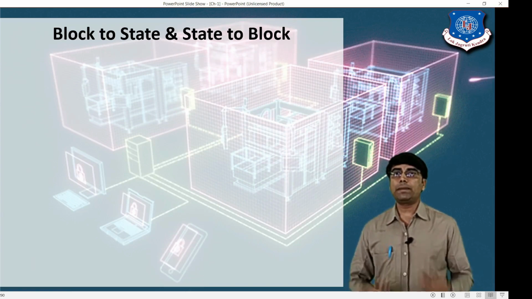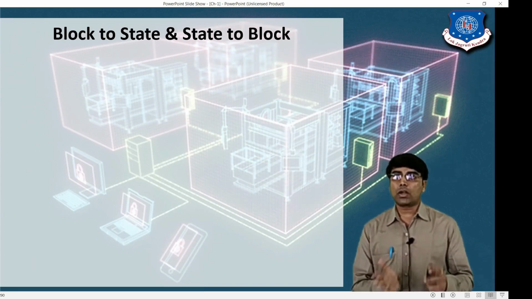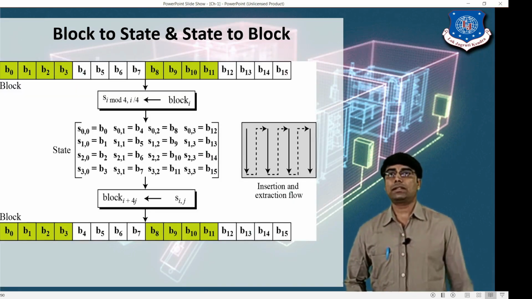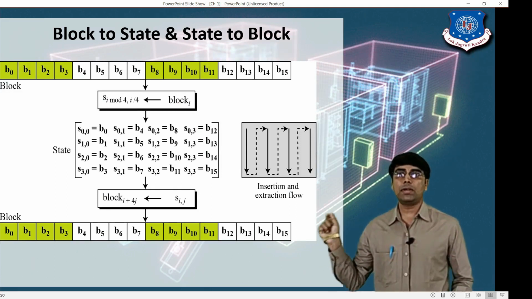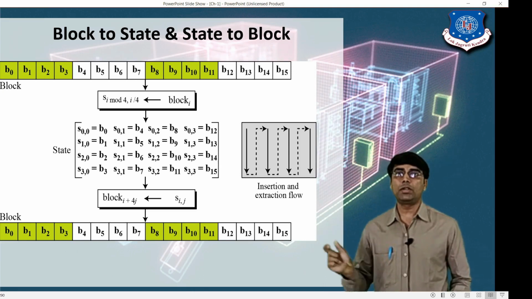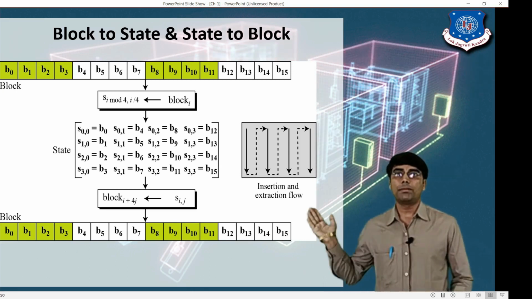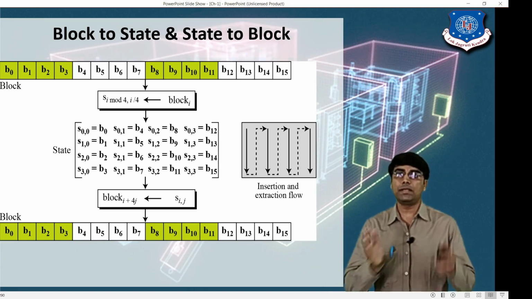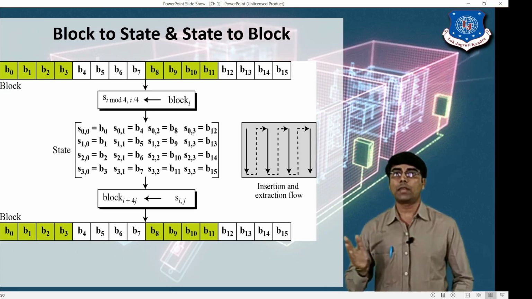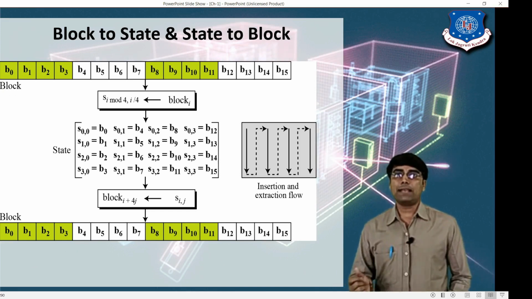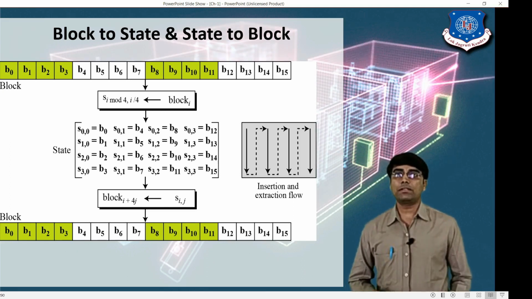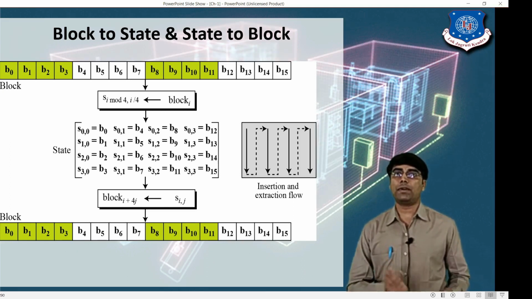Now how to represent the blocks in the state? Let's see one diagram. Here you can see this figure. B0, B1, B2, B3 is the first block. B4, B5, B6, B7 is the second block, and then the third and fourth blocks. Here S of i mod 4, i divided by 4: if you apply this formula you will get the first block.